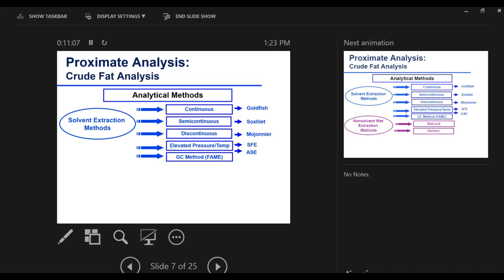And then the GC method, which involves extraction first of the fat, if you're not working directly with pure fat or oil. If you have a sample that you need to determine the fatty acid composition, for example, you would need to extract the fat first. And anyway, the fat on the label is actually generated using the GC method.